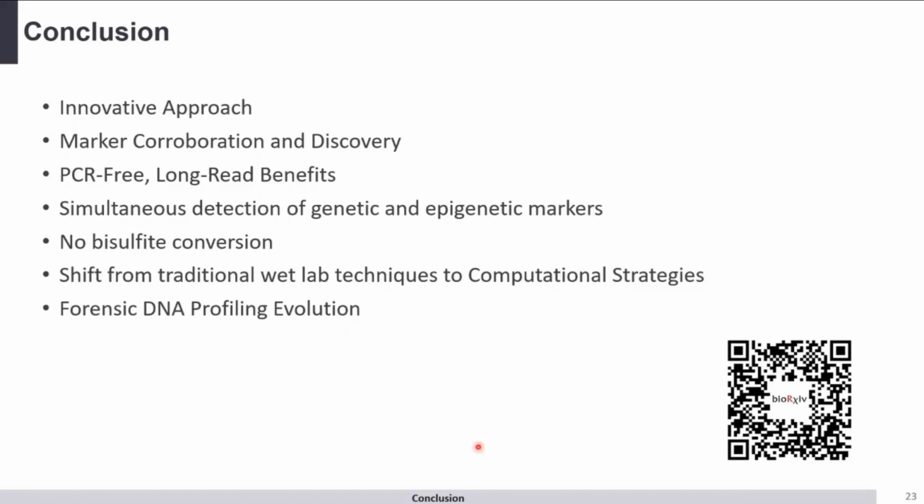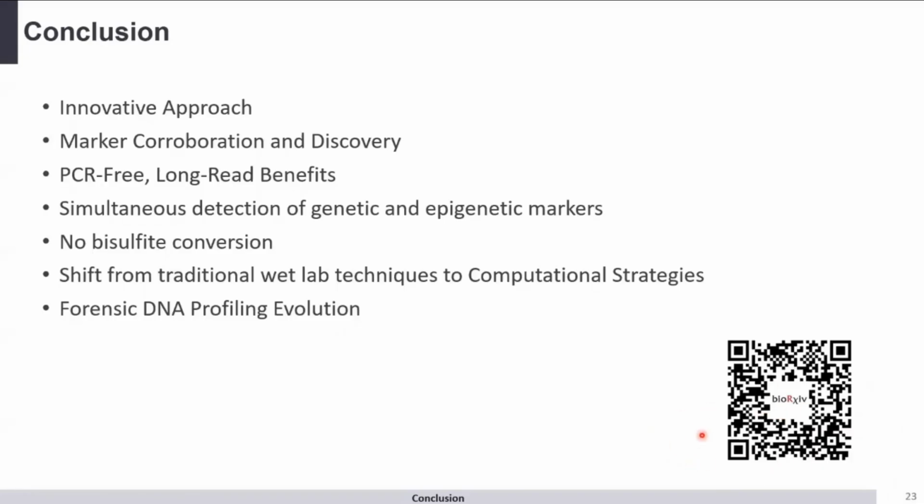So to conclude, our study was the first of its kind to use nanopore adaptive sampling to simultaneously detect DNA methylation markers for different forensic purposes in a single assay. And it has laid the groundwork for a transformative approach to forensic DNA methylation profiling. For more details on our research, scan the QR code on this slide to access our latest preprint.